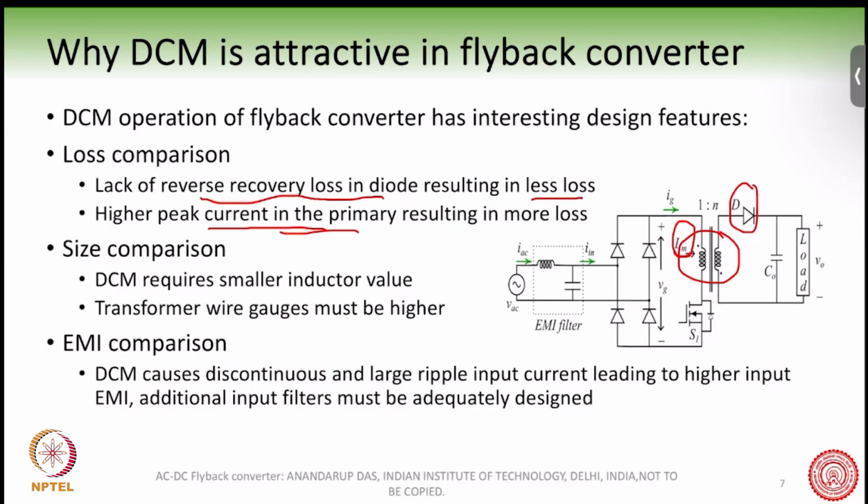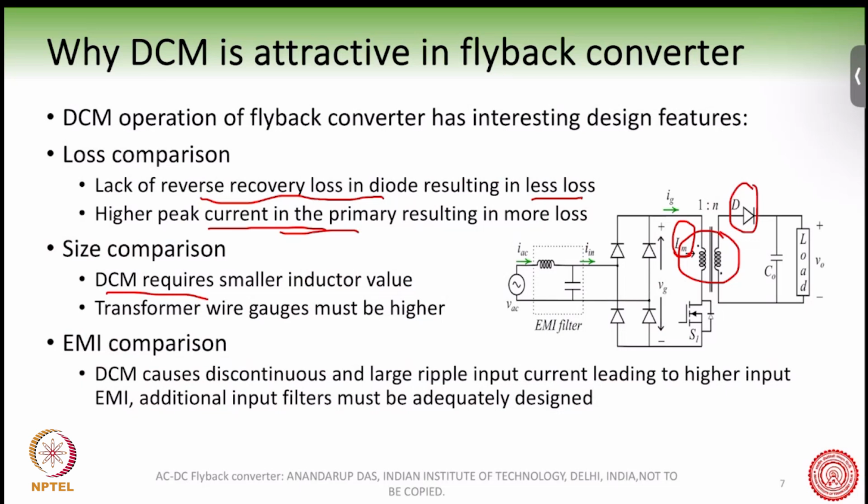But in spite of this higher peak current, the overall inductor size actually goes down when you use DCM. One of the reasons why the inductor value goes down is that you are now storing less energy in the inductor. In CCM, if you look at the waveform, you are continuously storing a lot of energy into the inductor, over which there is a small ripple, a small fluctuation in energy, but overall you are storing a lot of energy into the core of the inductor.